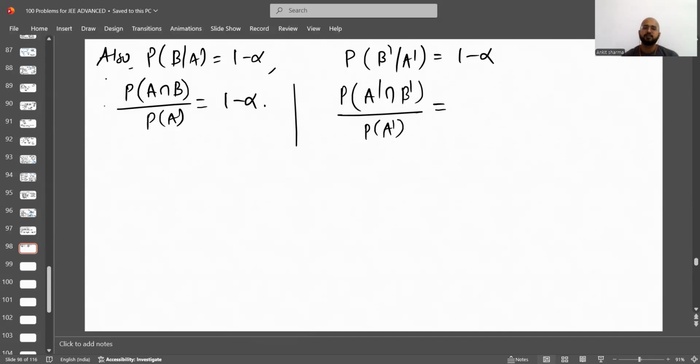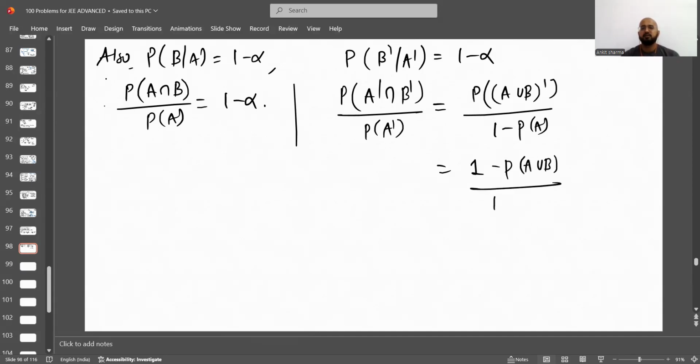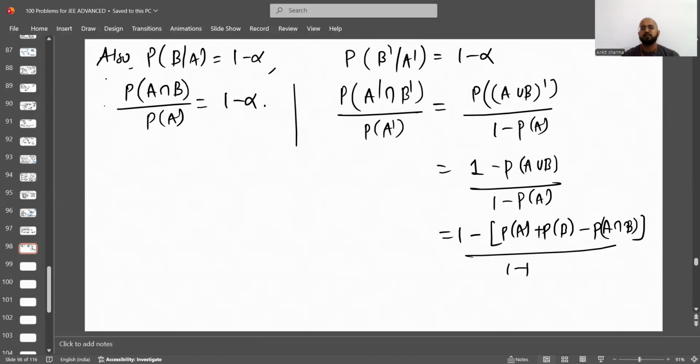Now this could be written as P of A union B the whole complement over 1 minus P of A. That is 1 minus P of A union B, over 1 minus P of A. So we can expand this further and write P of A plus P of B minus P of A intersection B, over 1 minus P of A.